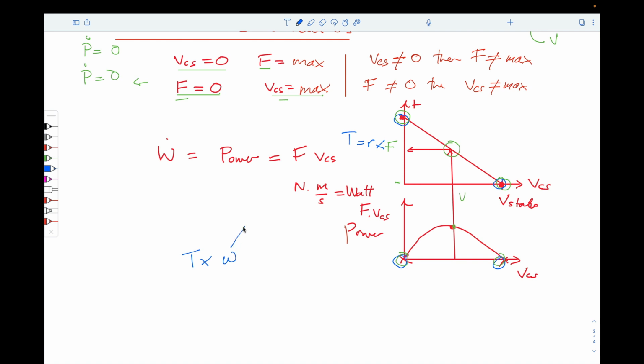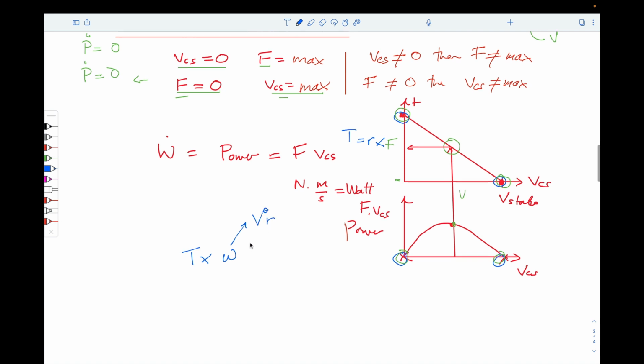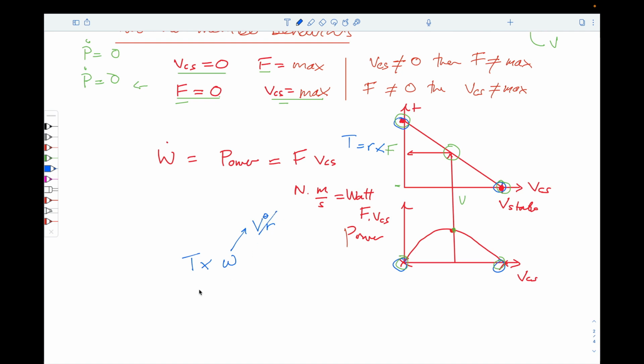We know that rotation is equal to V theta over R. And so we can rewrite this as torque equals force times R times V theta over R. In which case we lose this, and we end up with this being power.